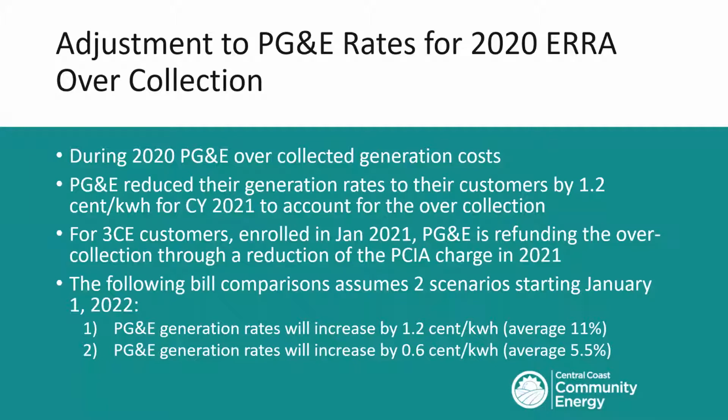So when we look at these bills, we're going to show you a range between the 1.2 cents increase and about half that. Where that ends up, we don't really know right now. We'll know more in July when it's filed, and that'll help us do a better comparison relative to the PG&E rates that'll be in effect in 2022. Next slide, please.